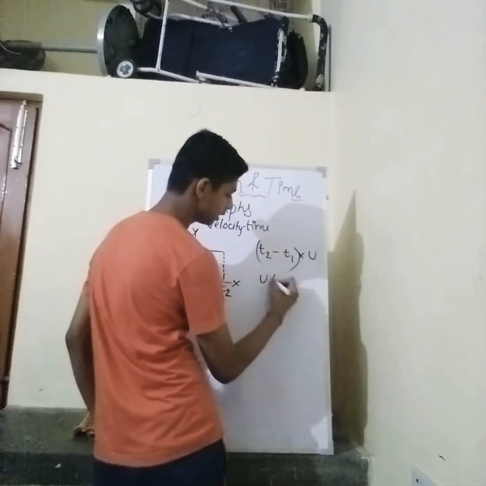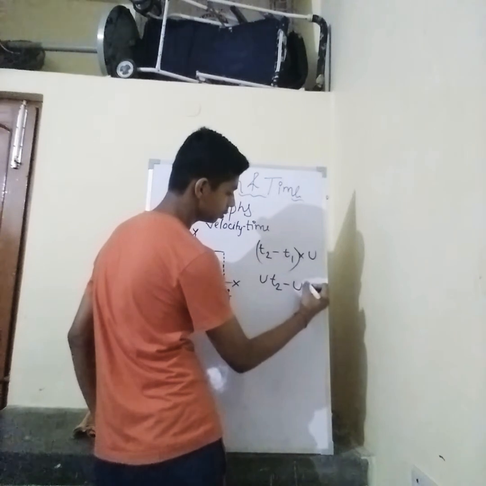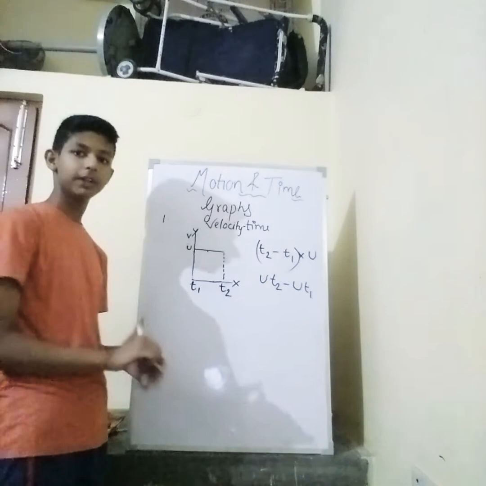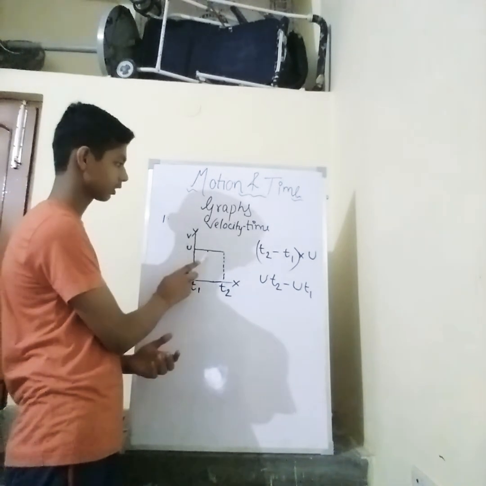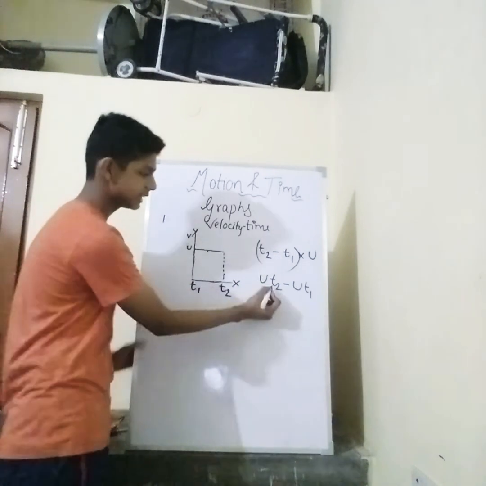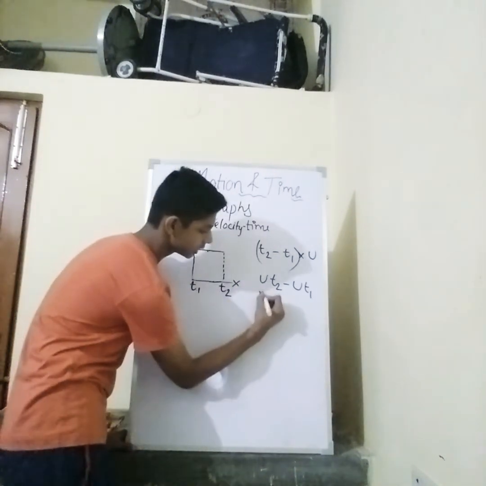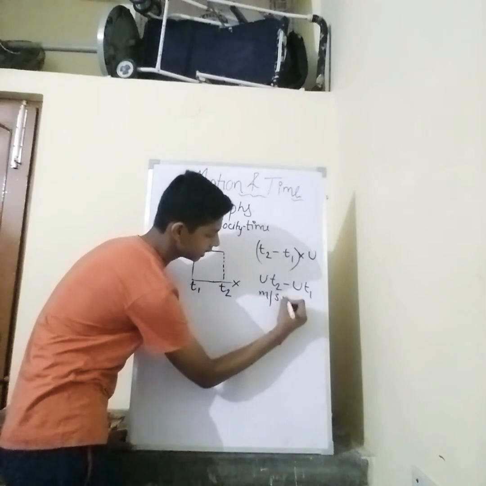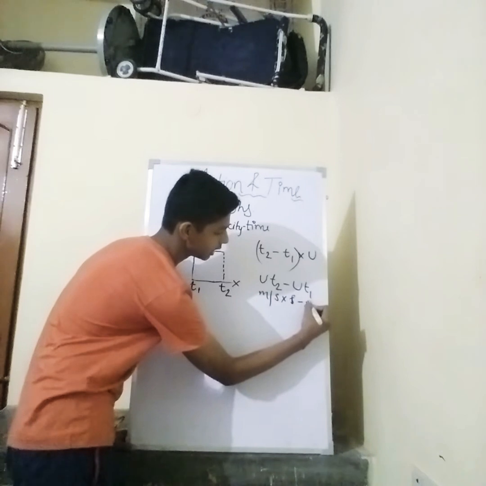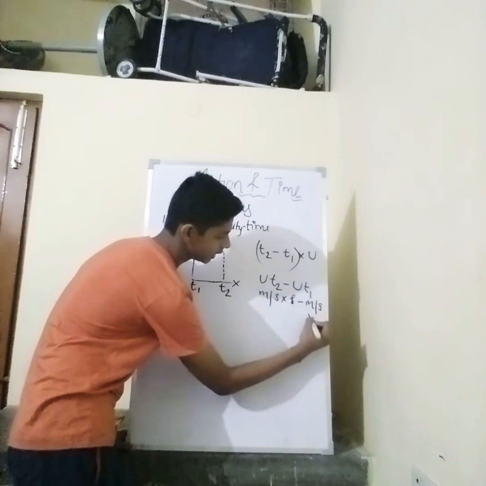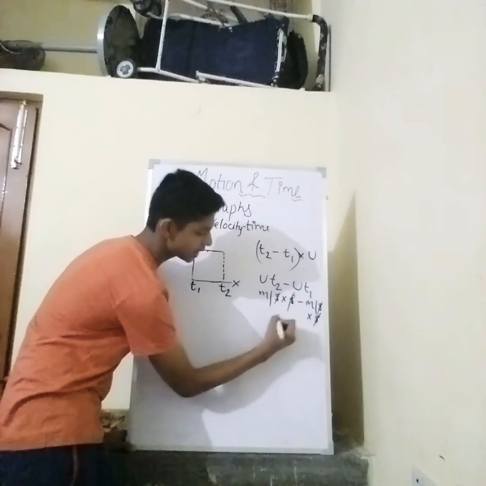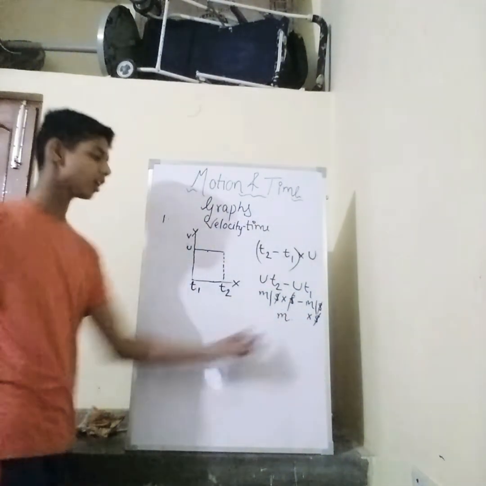Then ut2 minus ut1 will be your displacement, because here the unit is meter per second into second minus meter per second into second, then second will cancel each other, and meter minus meter is the unit of displacement.